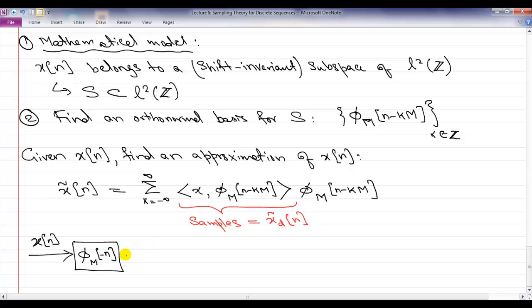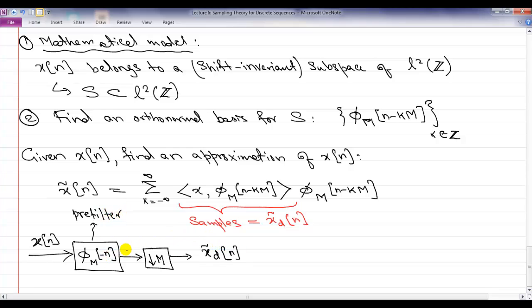At the output, you sample it every m samples, so you have a decimation by a factor of m. And what you get back is x tilde d of n. We call this the pre-filter.